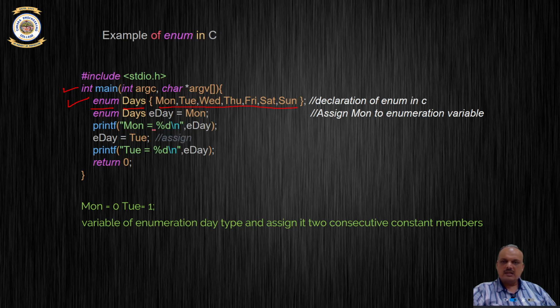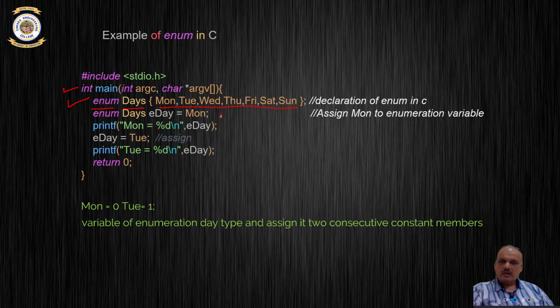That is, days can be assigned Monday, Tuesday, Wednesday, Thursday, Friday, Saturday or Sunday. Okay, the instance that you create from this data type, that is days, can only take up these values. Okay, in this case these 7 values.